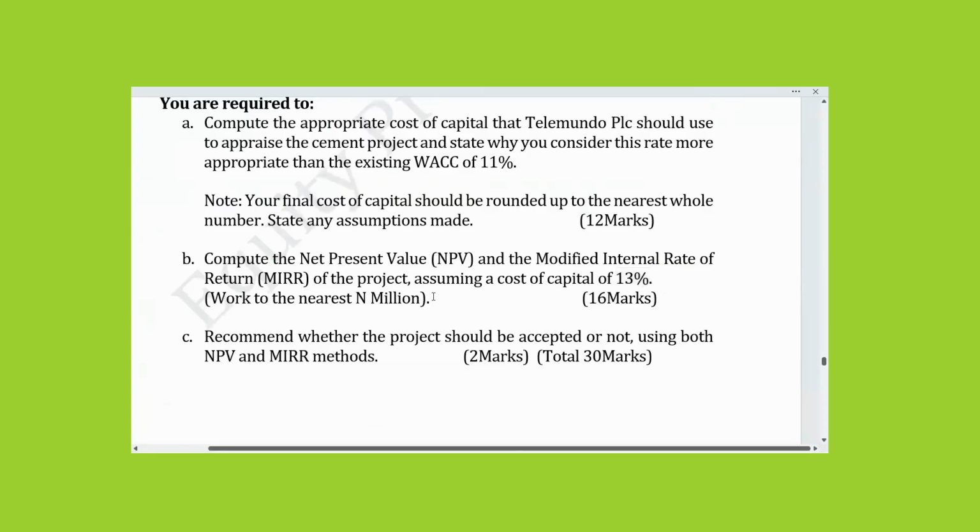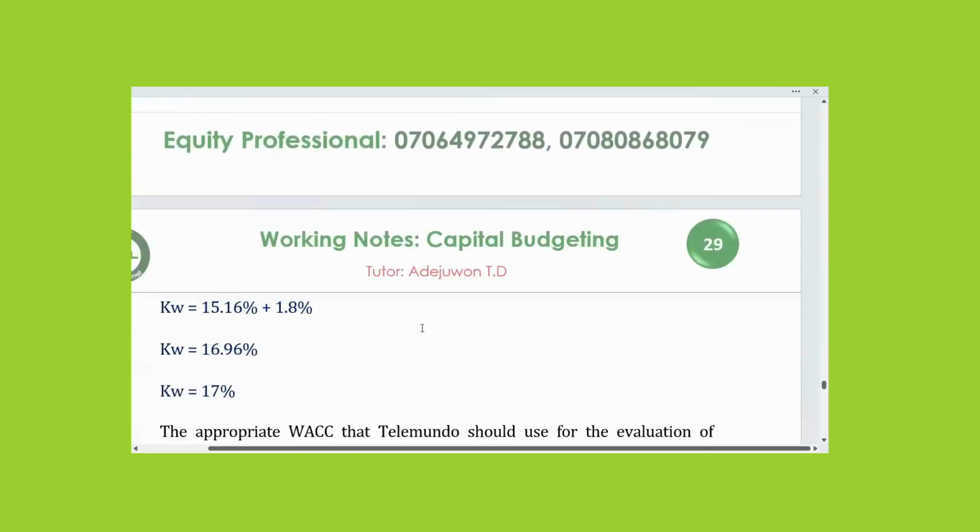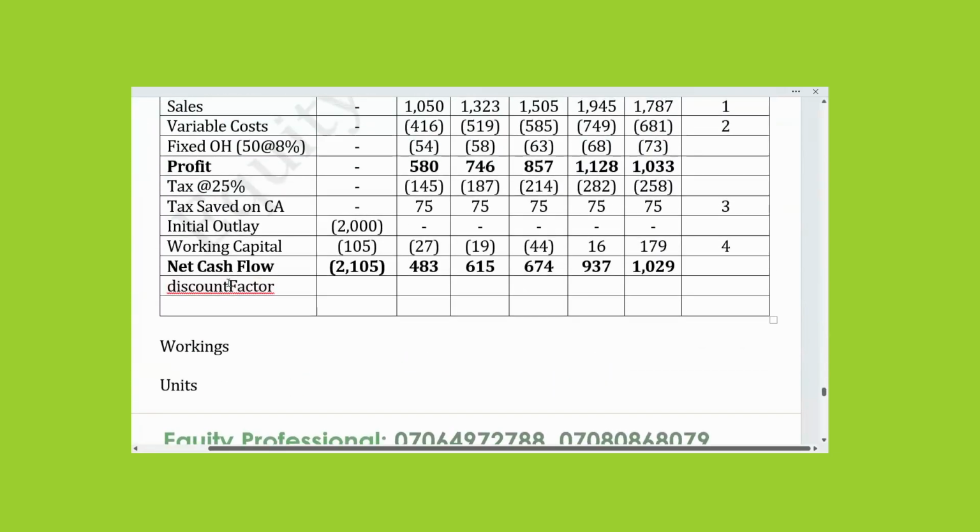But because the examiner is so magnanimous, the examiner is aware that some students will not get requirement A correctly, because if you get A wrongly, the answer to requirement B will also be wrong. And that's why the examiner is asking you to use 13%, which is good. Your final answer is to be rounded to the nearest million. So we are using cost of capital of 13%.